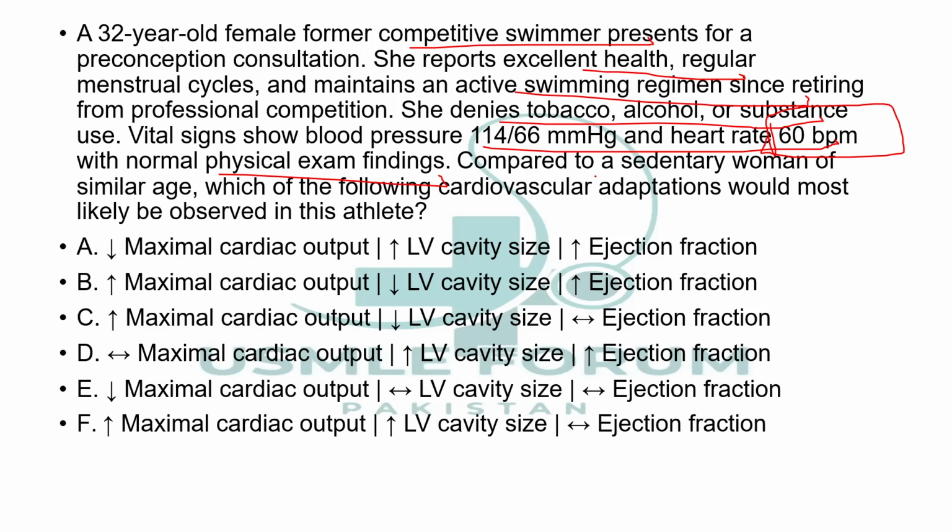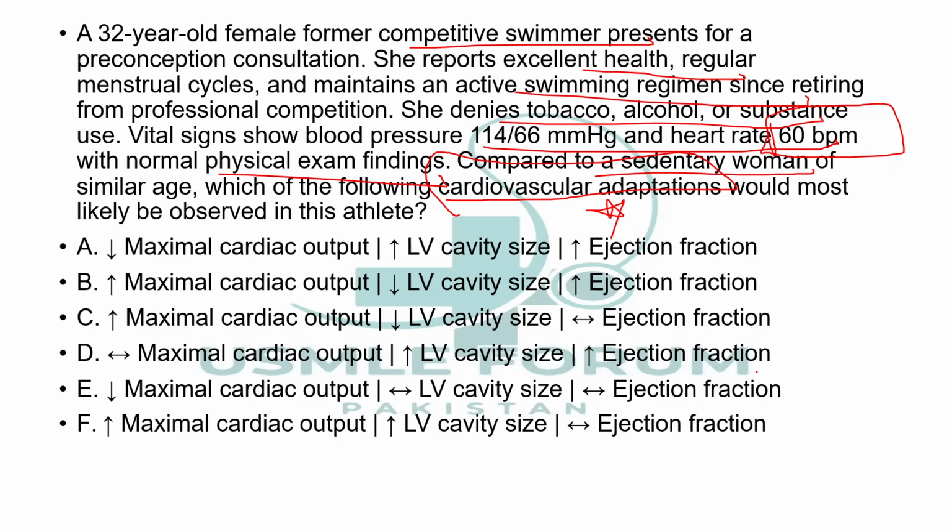Now, compared to a sedentary woman of similar age, which of the following cardiovascular adaptations would most likely be observed? So they're giving you another problem. They've given you the problem, the cardiovascular adaptation. So they're asking you any heart adaptation in an athlete with bradycardia. This is obviously pointing towards athlete's heart, or the changes that the heart goes through in athletes.